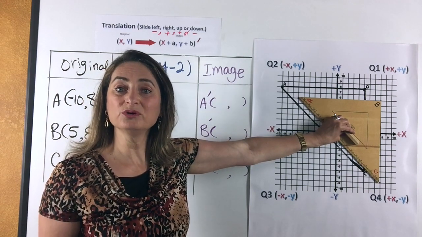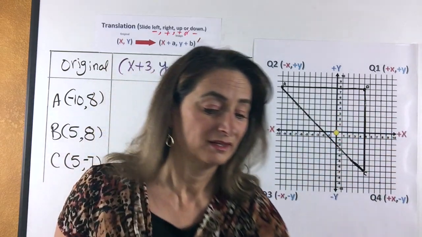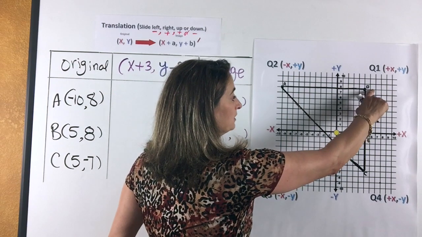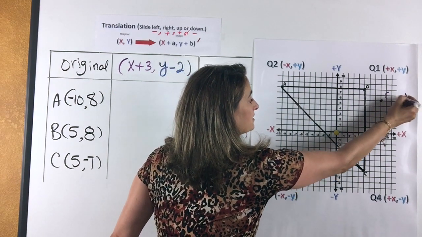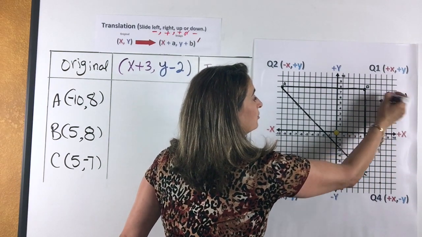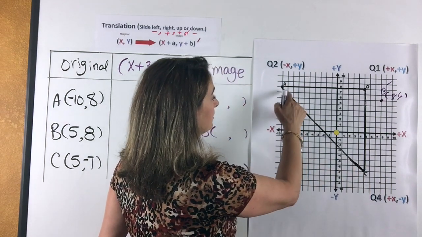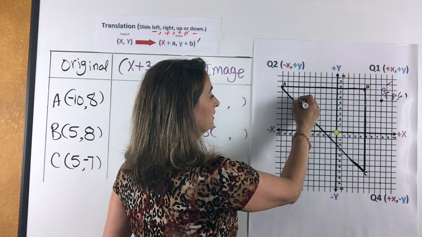So what are the coordinates of the image? I'm going to take this triangle down and now write the coordinates of the image. This is where you landed. You went to the right 3 and down 2, you end up here. And the coordinates are 8, 6 for B prime, and A, going to the right 3, 1, 2, 3, down 2, and you end up here.